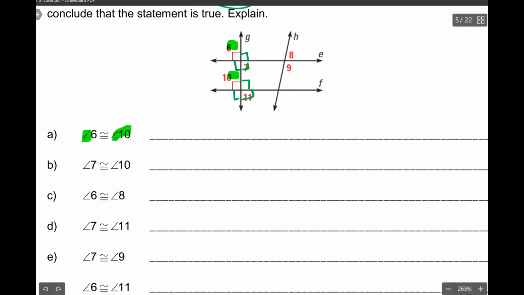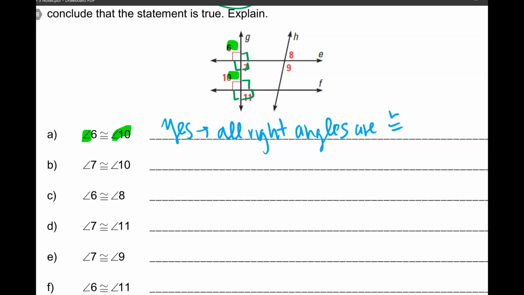They're both right angles. We can say yes, because all right angles are congruent. 7 and 10. 7 is also a 90-degree angle. So we say yes.